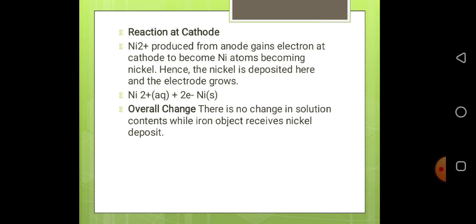Reaction at the cathode: nickel ions produced from the anode gain electrons at the cathode to become nickel atom, becoming nickel. Hence the nickel is deposited here and the electrode grows. Overall change: there is no change in solution content while the iron object receives nickel deposited.